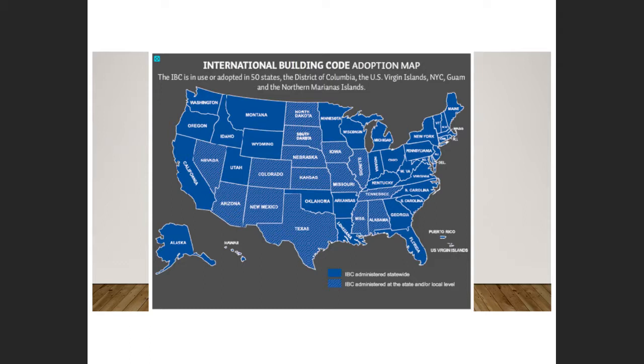So you see on the map here how building codes are used and adopted varies on a state-by-state basis. So in the state of Illinois, building codes are administered at the local level.